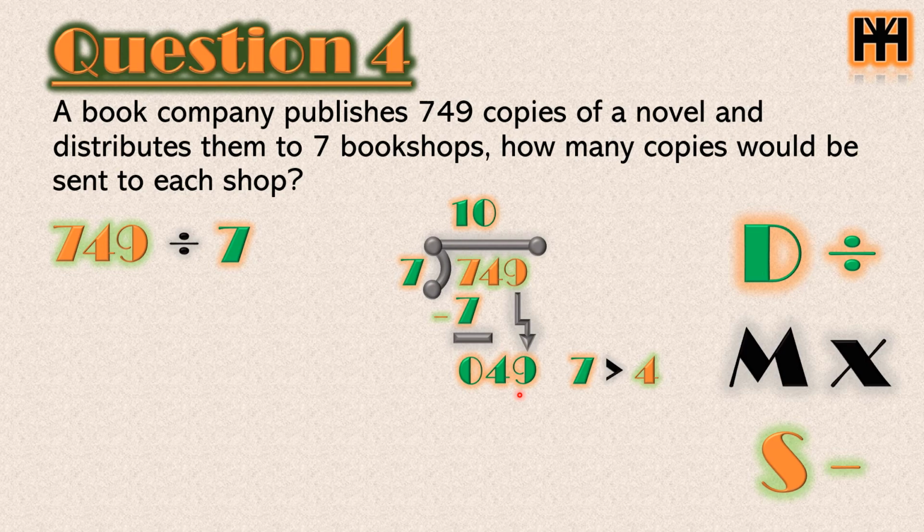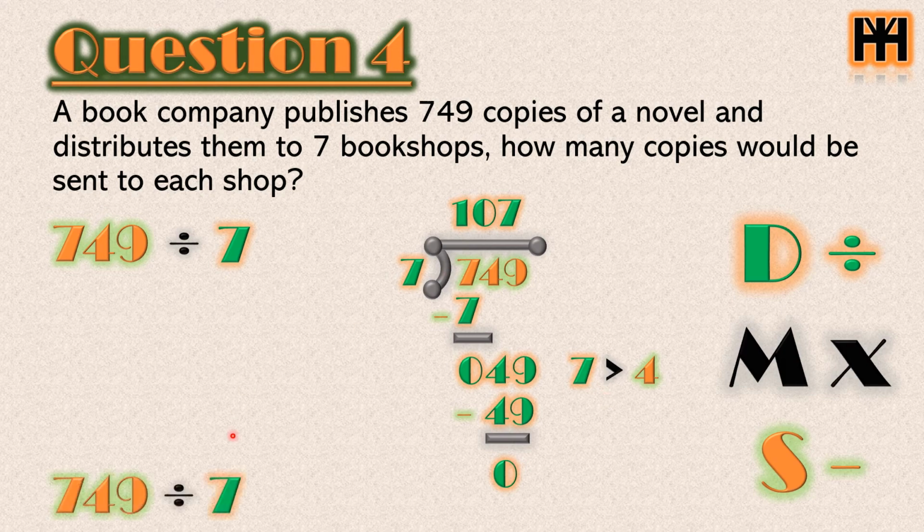Okay, now 49 divided by 7 is 7. After that, multiply 7 times 7, 49, then subtract 49 minus 49, 0. Okay, so the answer of this division is 107, and there is no remainder.